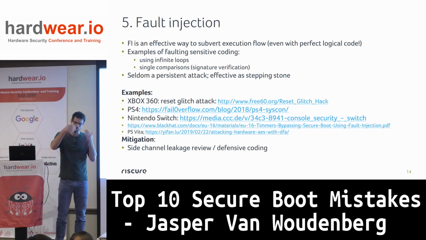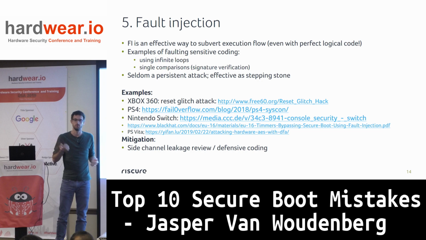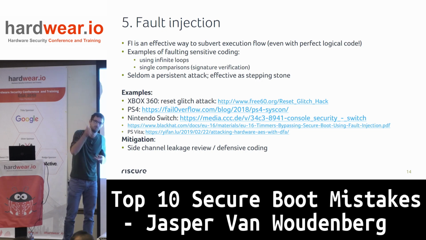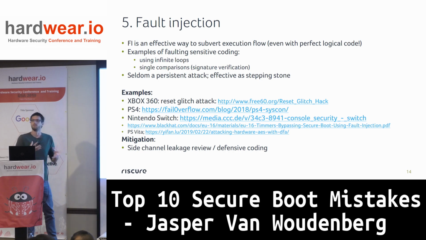A single fault has a probabilistic effect: I may have a 10% or a 1% chance of bypassing it. But if I need to glitch something three times, it's 1% of 1% of 1%, if it's done correctly. There are these kinds of patterns that you can use to make the attacker's life hard.